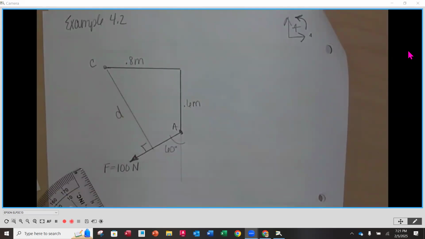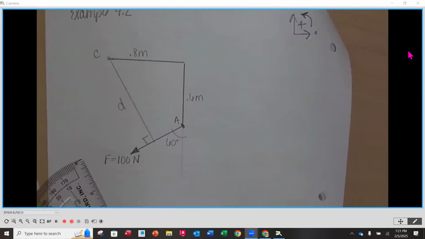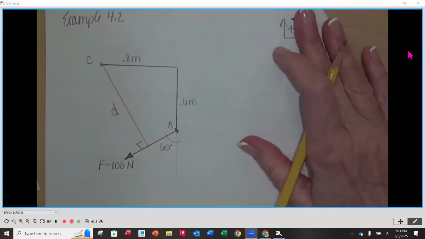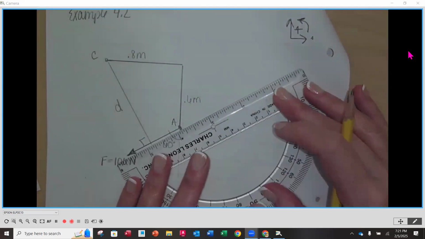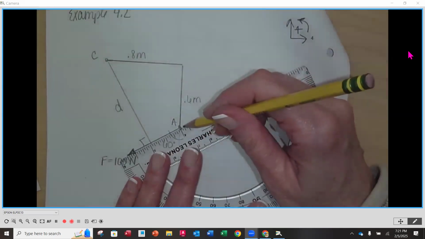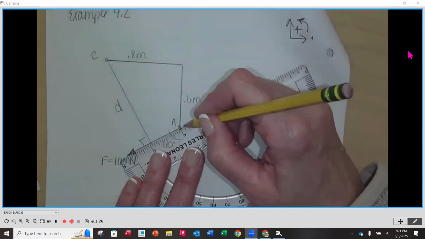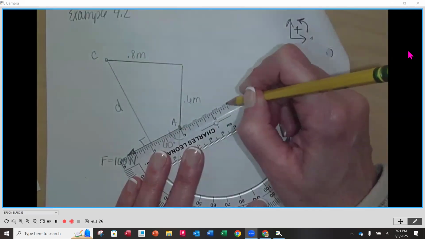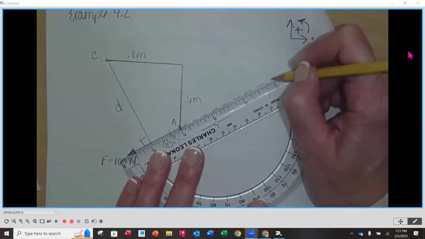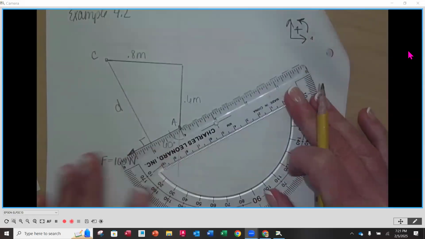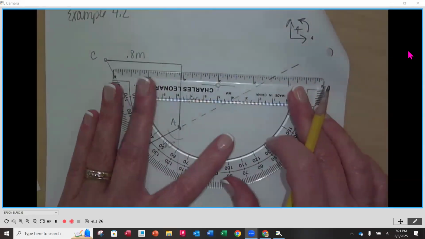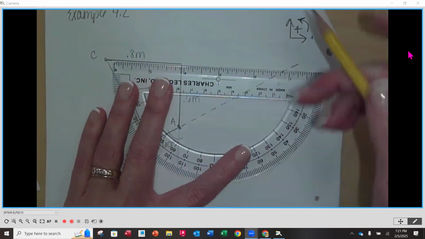To get the moment, we have to find the distance D from C perpendicular to force F. And again, it has to be perpendicular. So to get this, we're going to extend this triangle. We're going to go up like this. I'm going to use a dashed line so you can see that this is really along the line of action, just taking that and going backwards. And the same thing up here along that horizontal.